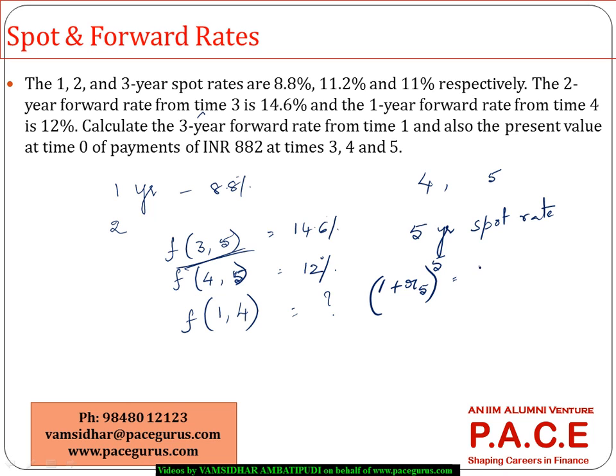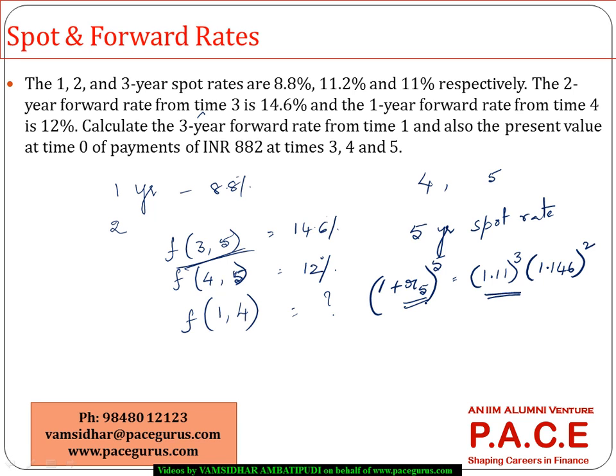I'll take the 3-year spot rate, 1.11 cubed, and between 3 and 5, for 2 years, I have 14.6%. So this will give me the 5-year spot rate. The spot rate for 3 years, and between 3 and 5 years per year there is 14.6%, which is the forward rate. So this will help me arrive at R5.